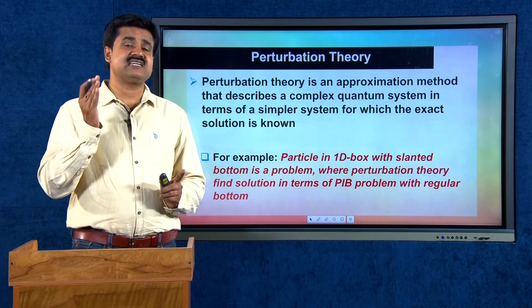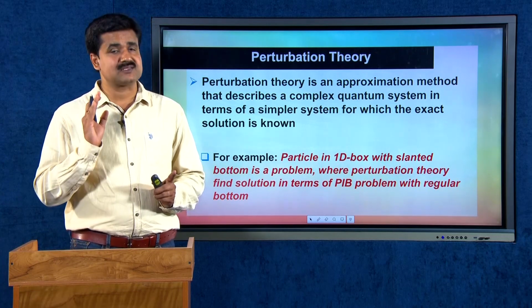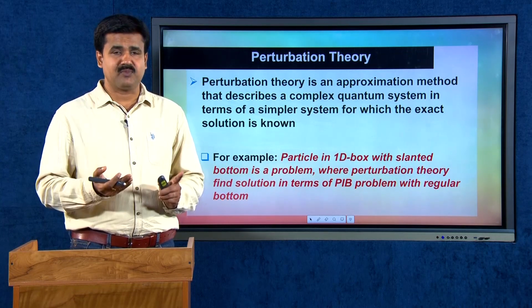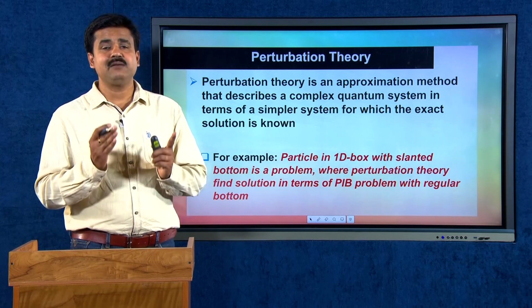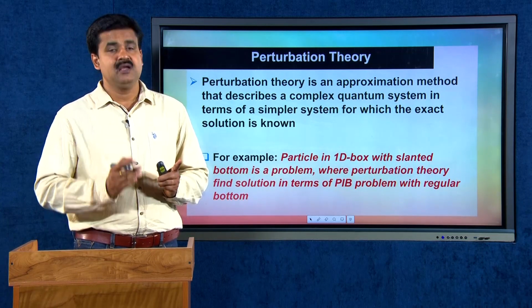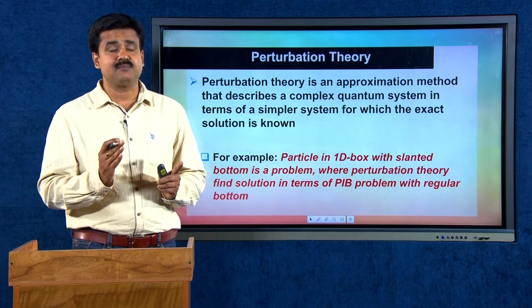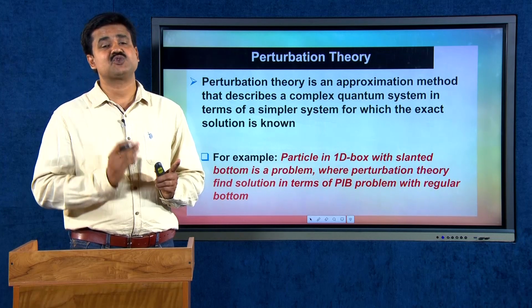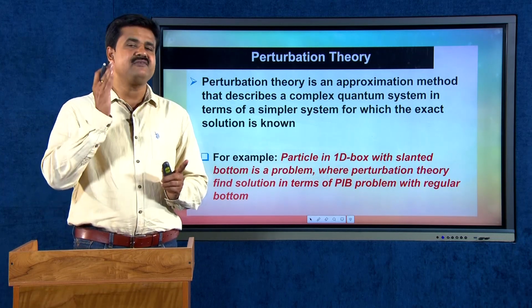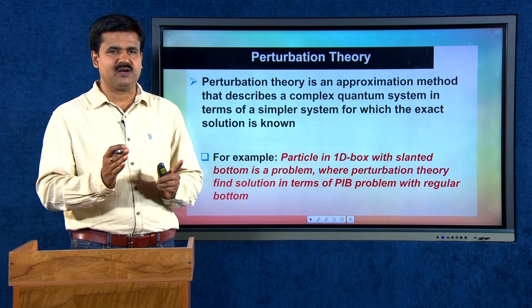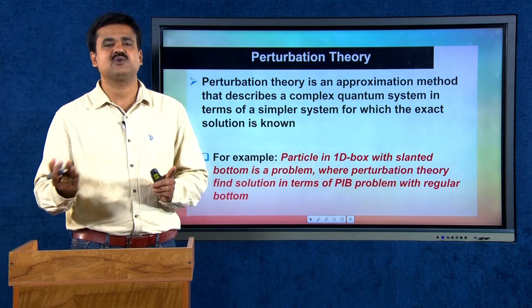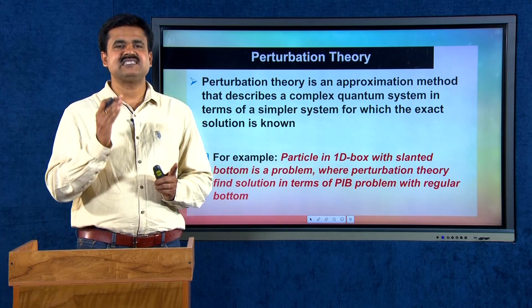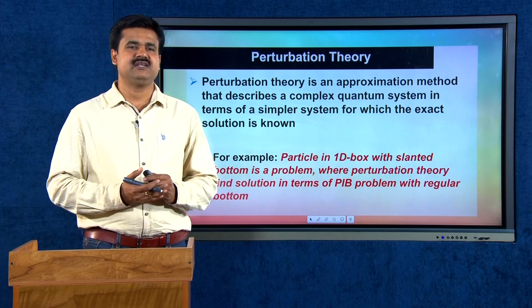By using that exactly solvable problem, we can find the solution to the new problem, that is particle in 1D box with the slanted bottom. Particle in 1D box with a slanted bottom is a problem where there is no direct solution for the Schrodinger wave equation. So, we find the solution to that problem in terms of the already solved particle in 1D box problem with the regular bottom. This is what we are doing in perturbation theory.